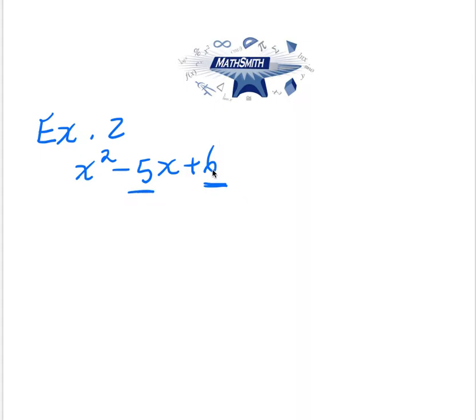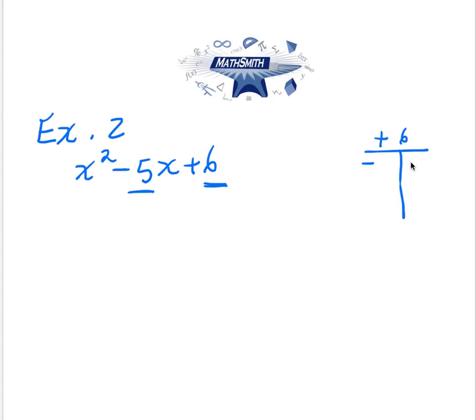Now you know that you can get a positive 6 by multiplying 2 positive numbers as well as 2 negative numbers, right? 2 negative factors. Since this middle term is negative, that's kind of your tip-off that you're going to have 2 negative factors. So you're looking for factors of positive 6 still, but they got to combine into negative 5.